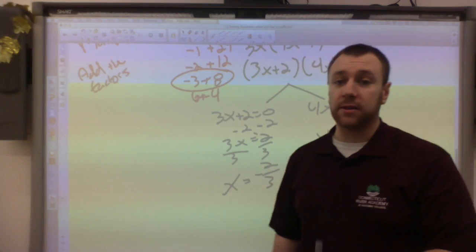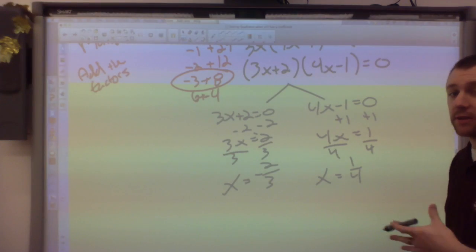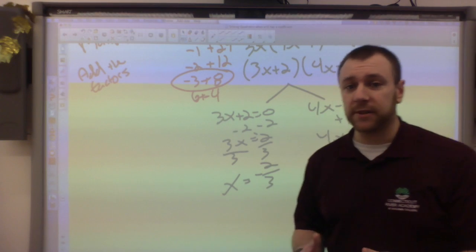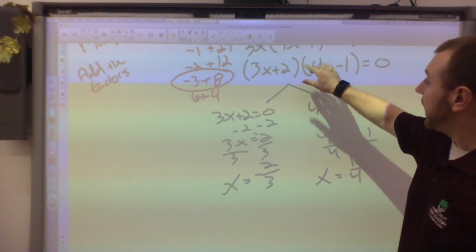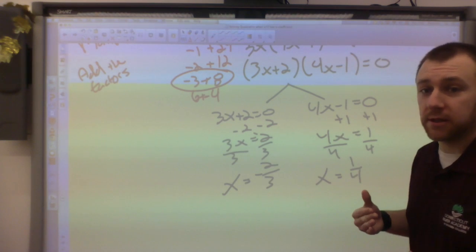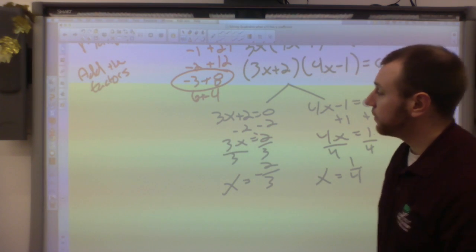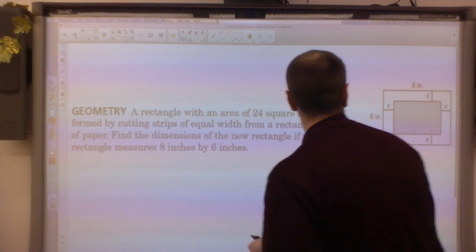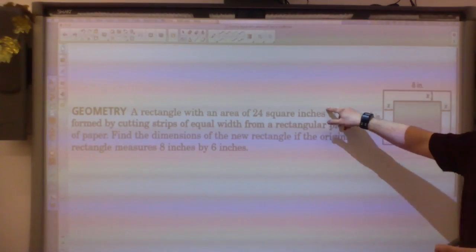I would just leave it as those fractions right now. You don't have to do that division. The only step after factoring is that I have to remember, once it's equal to 0, I have to split it into the two cases. The only add-on to this is word problems.